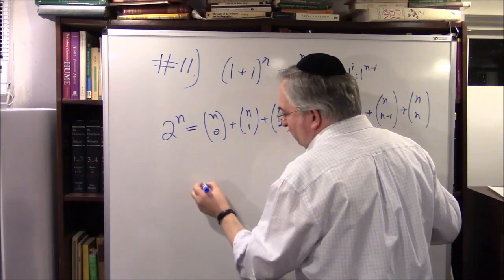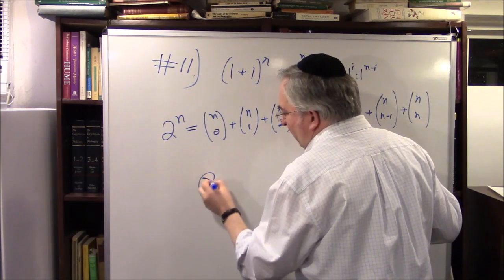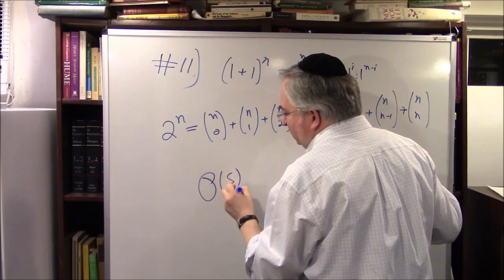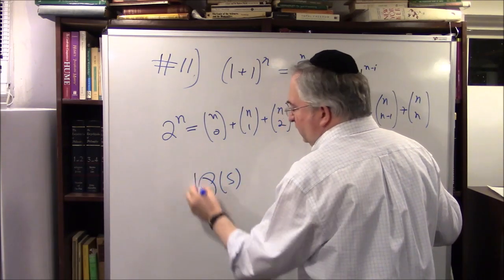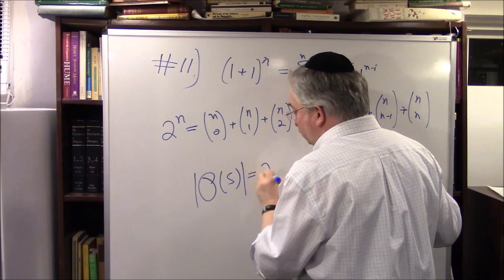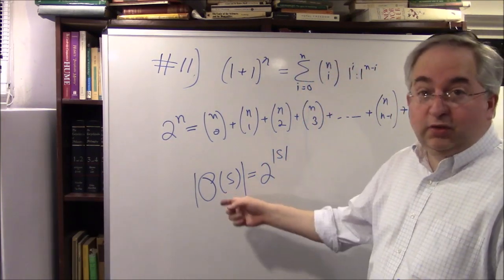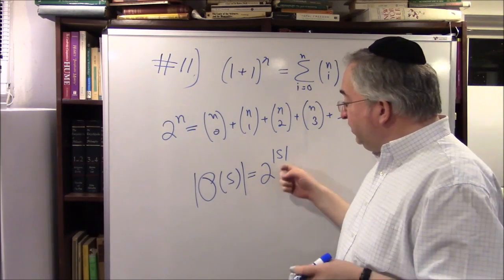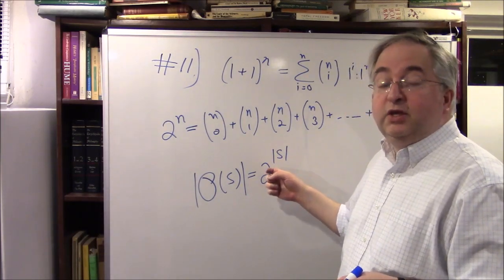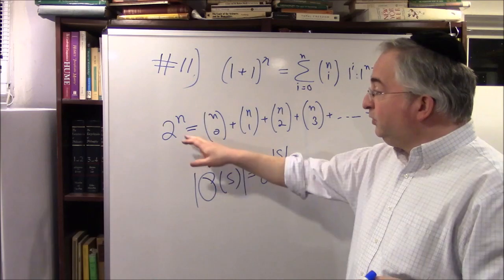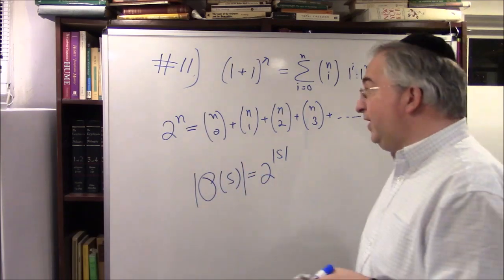We wrote that the number of elements of the power set of S is equal to 2 to the number of elements of S. So the number of subsets altogether is 2 to the n, for any finite set.